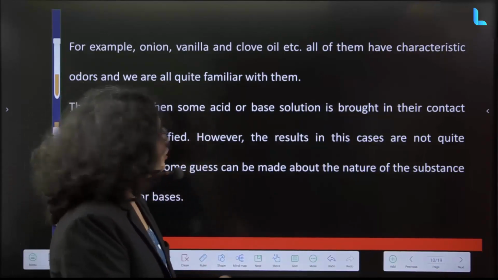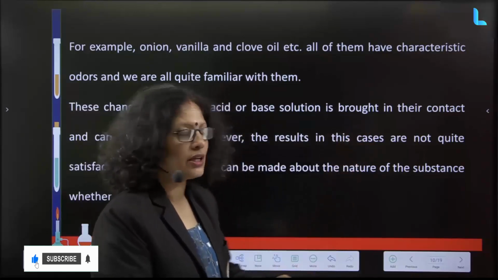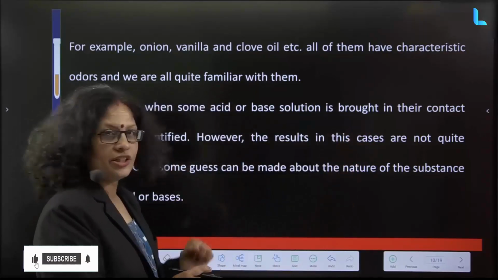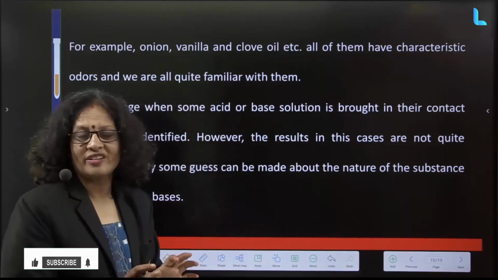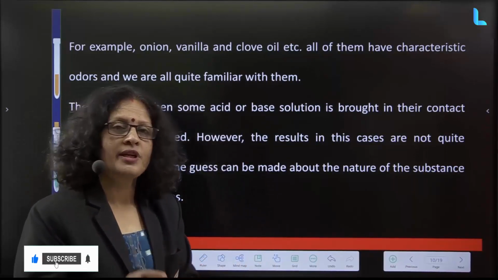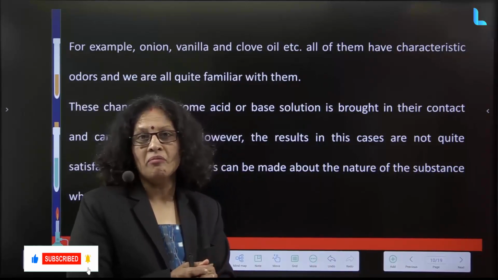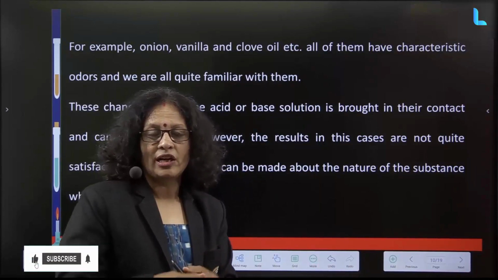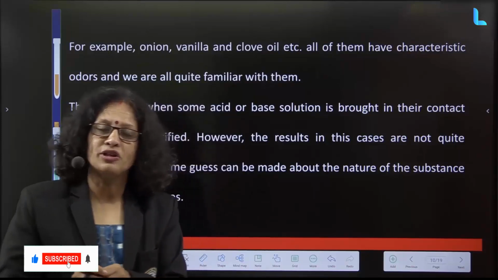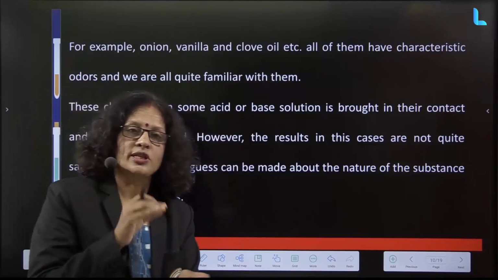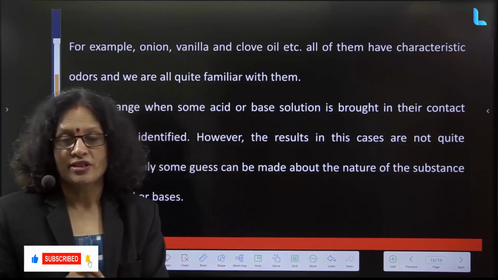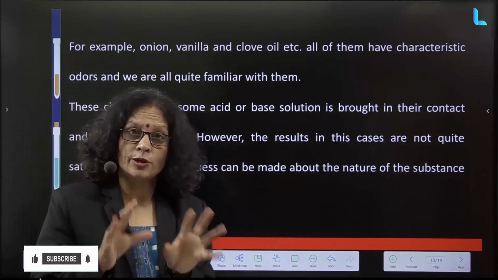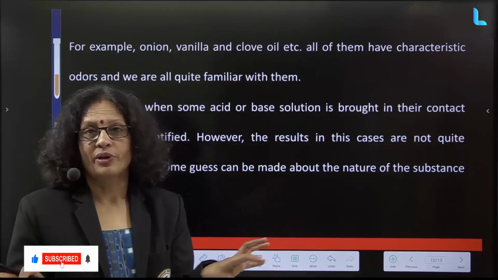These change when some acid or base solution is brought in contact, and they can be identified. The results in these cases are not quite satisfactory, because 100% same results don't come every time, which we are expecting. Like we expect phenolphthalein to show exactly pink color in basic medium and methyl orange to show pink color in acidic medium, so we can identify acid and base separately.